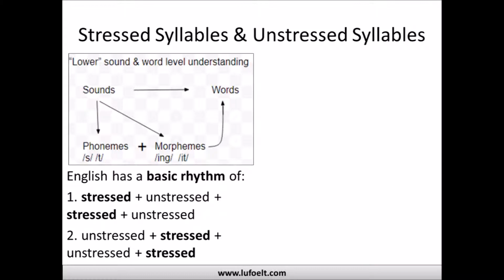Well, first of all, let me explain that English has a basic rhythm of stressed syllable, unstressed syllable, stressed syllable, unstressed syllable. Or maybe the word, like the previous examples that I've shown, starts with an unstressed syllable and then stressed. Unstressed, stressed, unstressed, stressed.